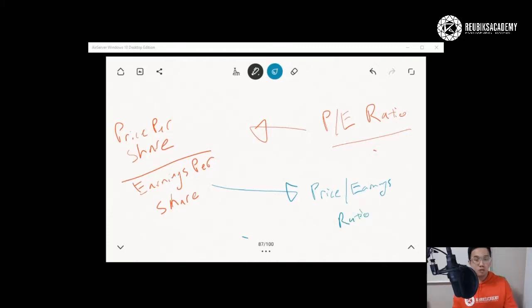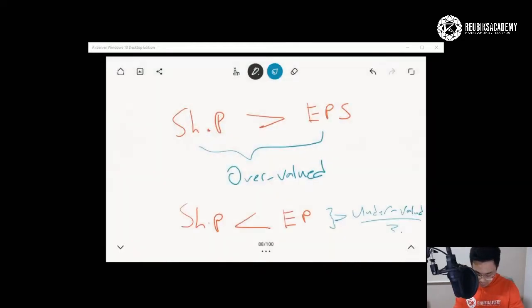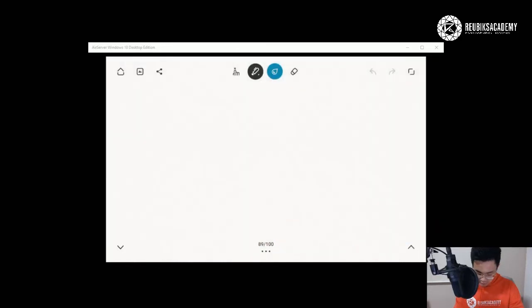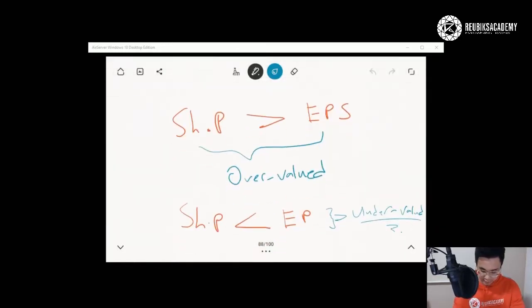So for example, going back to the example that I stated in the last video, let's say that the EPS now is 1. So the EPS is 1 USD per share, because the net earnings is 100,000 and there's 100,000 outstanding shares in the market, so 100,000 divided by 100,000 gives you 1.